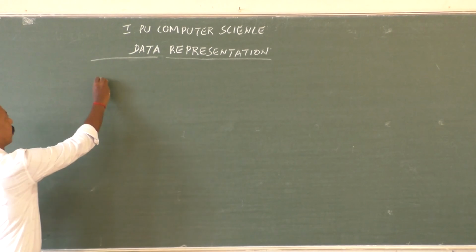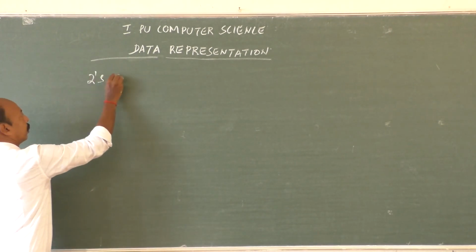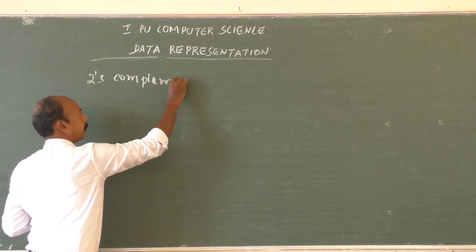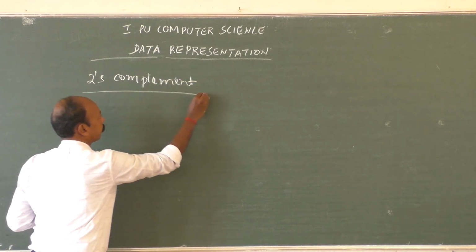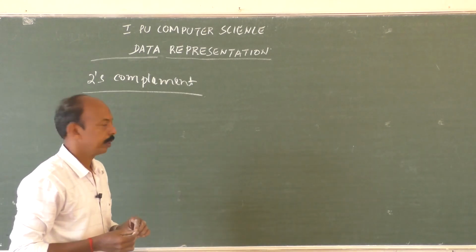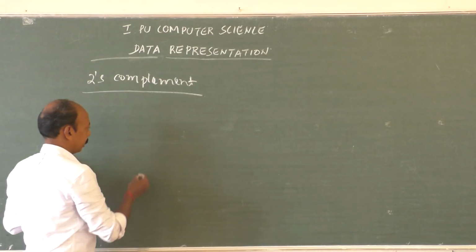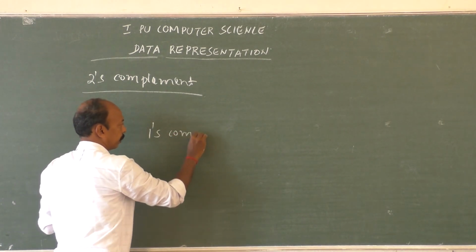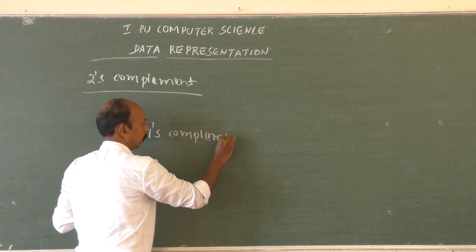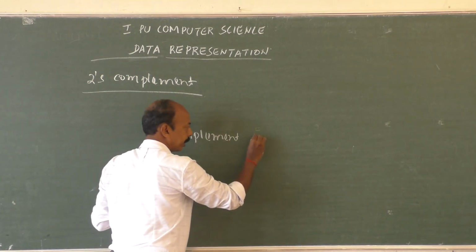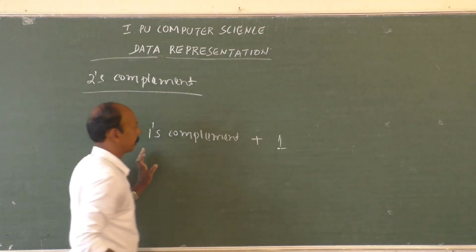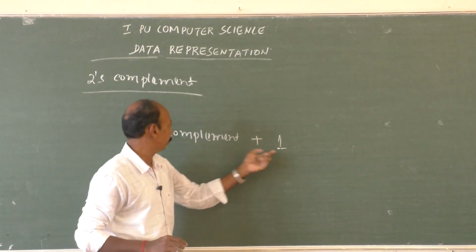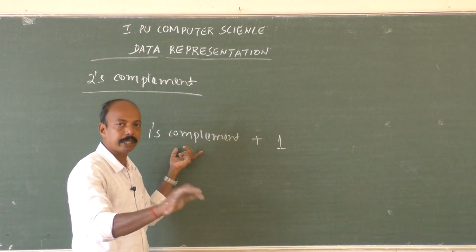Next is 2's complement. What is 2's complement of a given number? First get the 1's complement and add 1 to that 1's complement of the given number, where we need to add to the LSB of the 1's complement that we got from the given number.